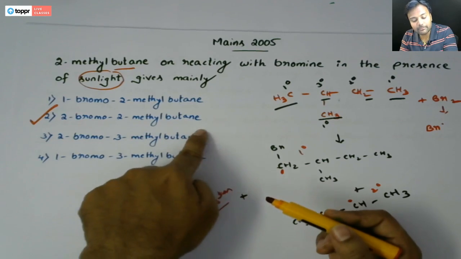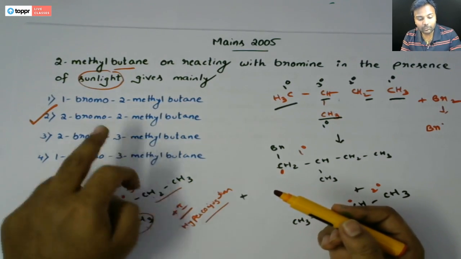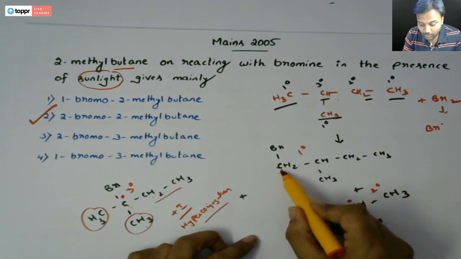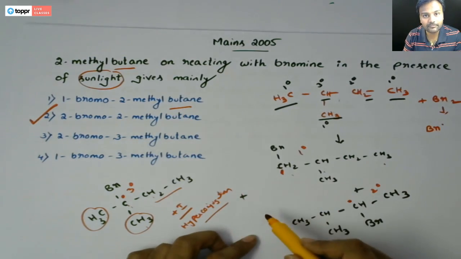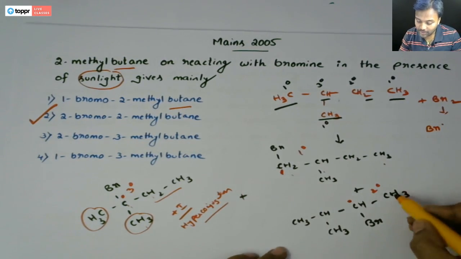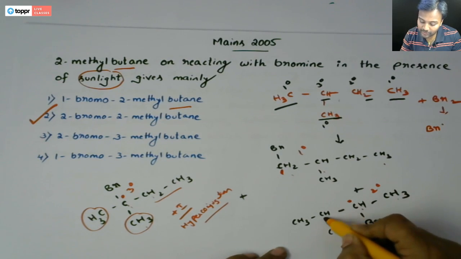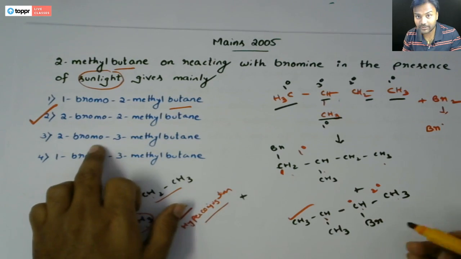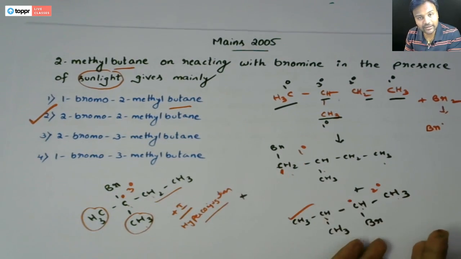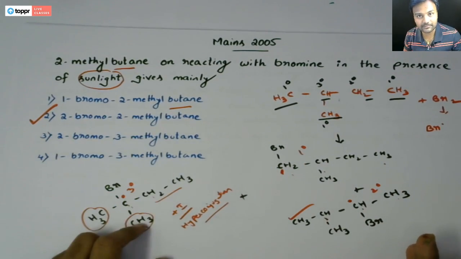If you look at the options, 1-bromo-2-methylbutane is present here. And 2-bromo-3-methylbutane is also present here. That means where exactly you can commit a mistake, those options are also present.